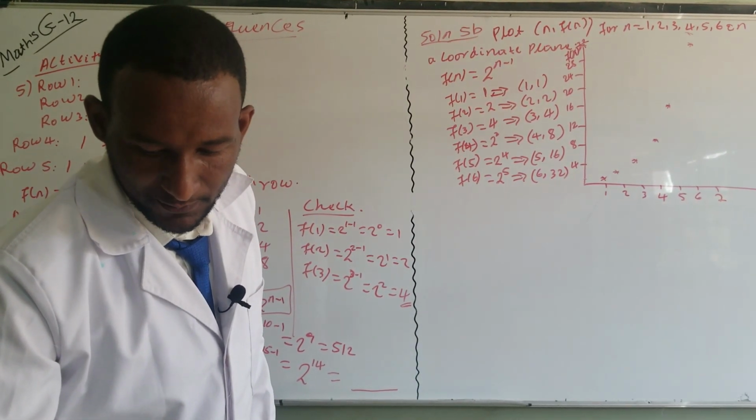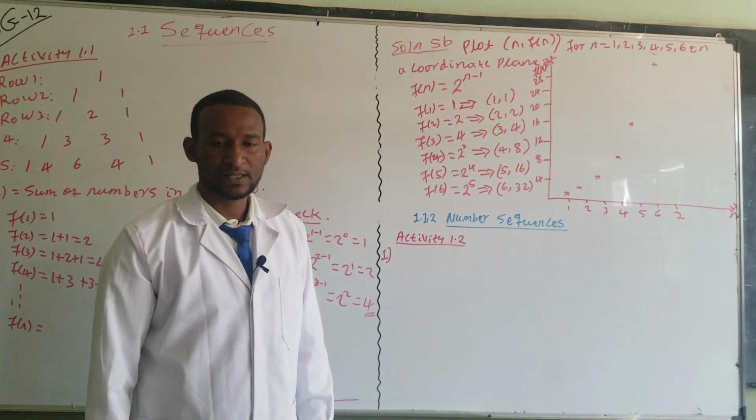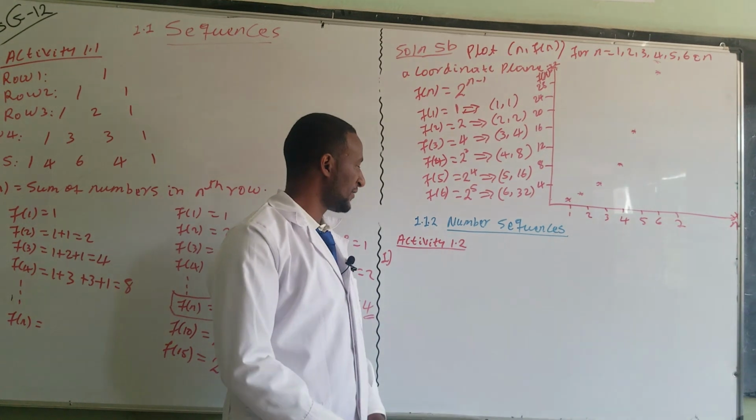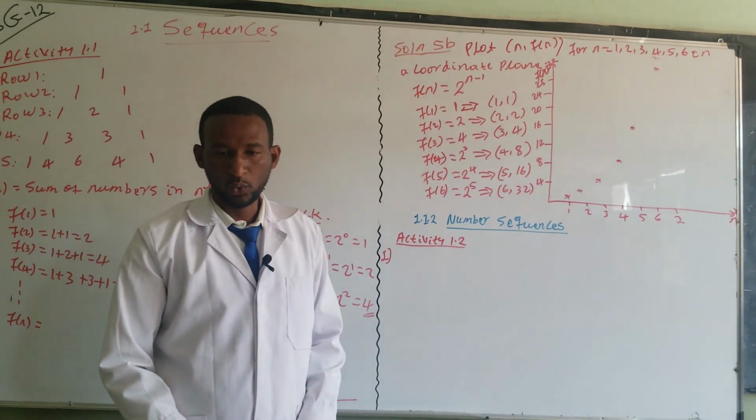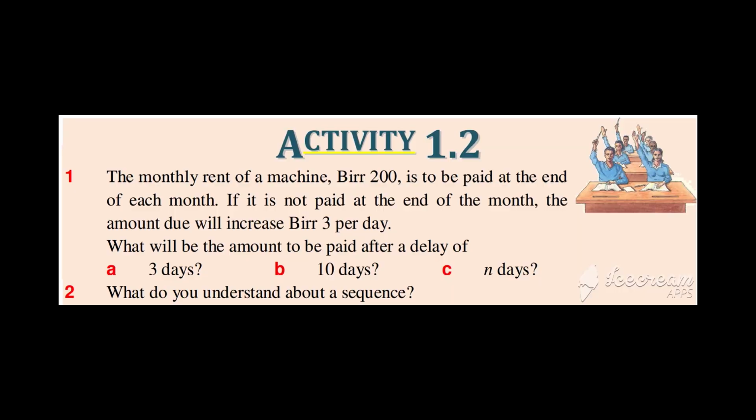Then let us see the number sequence. Before we see the concept of number sequence, let us do activity 1.2, question number 1. Question number 1 says that the monthly rent of a mansion per 200 is to be paid at the end of each month.